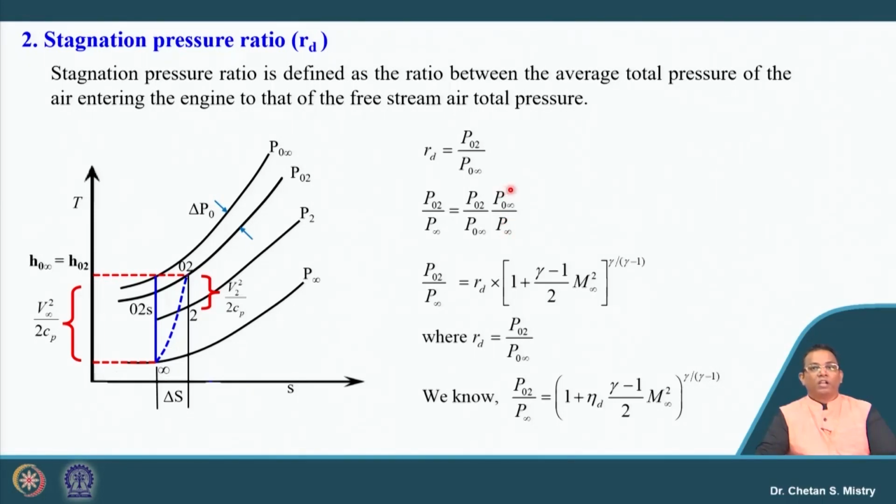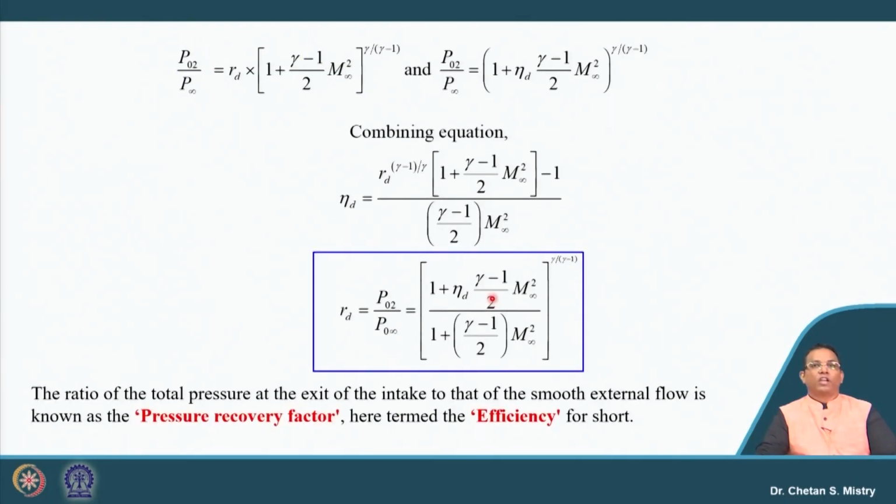Now, this represents my isentropic process. That is the reason it is written as 1 plus gamma minus 1 by 2 M infinity square to the power gamma over gamma minus 1. This is my total pressure ratio, which I write as R suffix D. Now, let us combine all these equations.